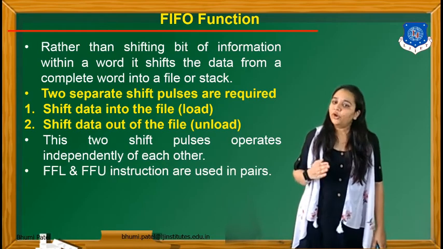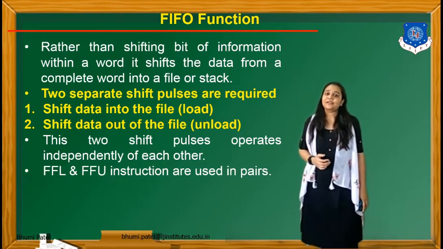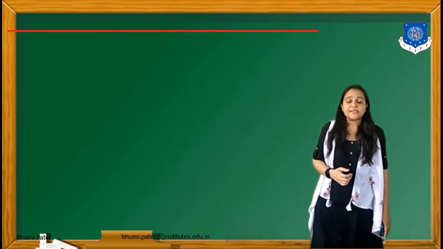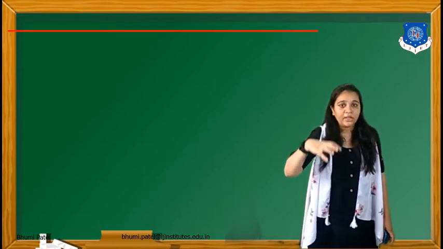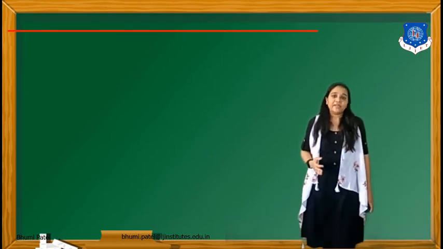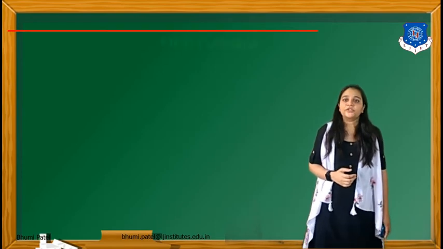FFL means FIFO load and FFU means FIFO unload, and these instructions are used as a pair. If we deal with 16-bit data, if we have to enter the 16 bits into a particular file and then unload this 16-bit data, we can use the instructions FFL and FFU.